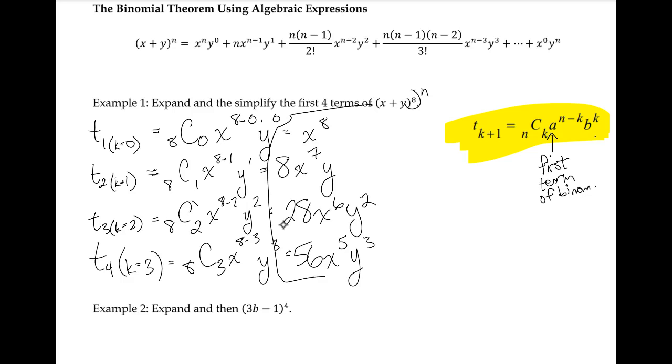So those would be my first 4 terms. Okay, so again, we notice x is decreasing by 1 each time. The exponent of y increases from 0 to 1 to 2 to 3, and then these values are coming from my combination.